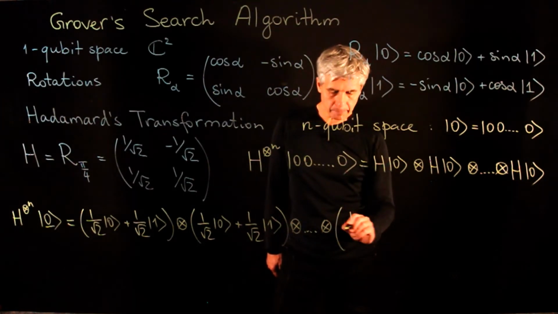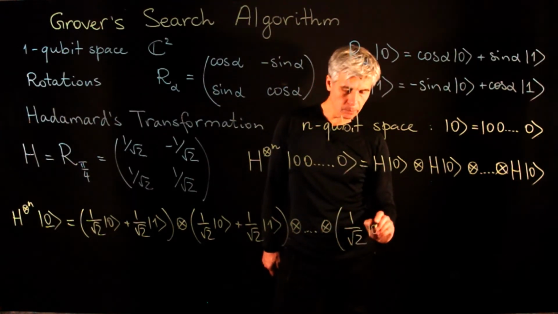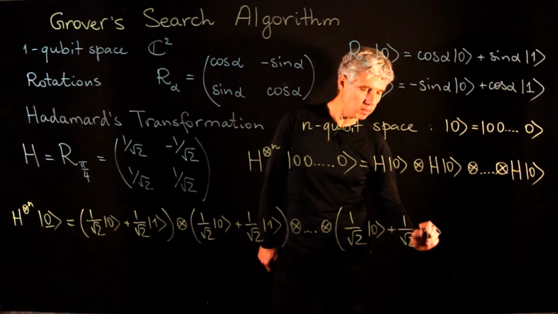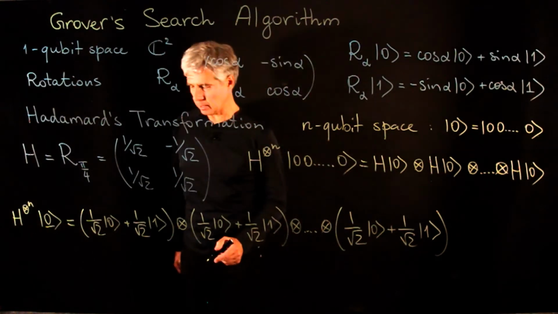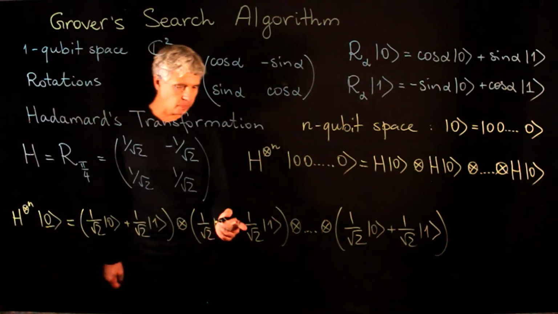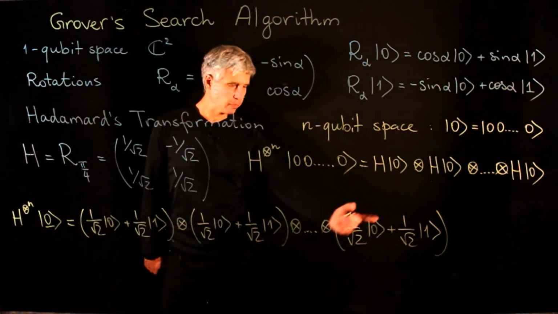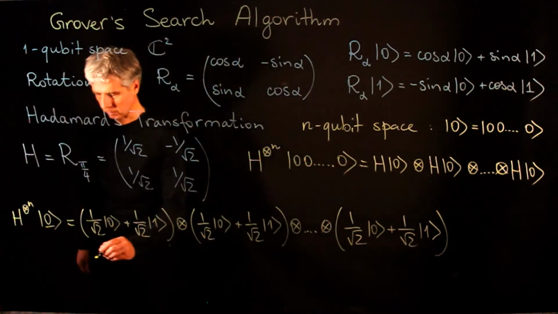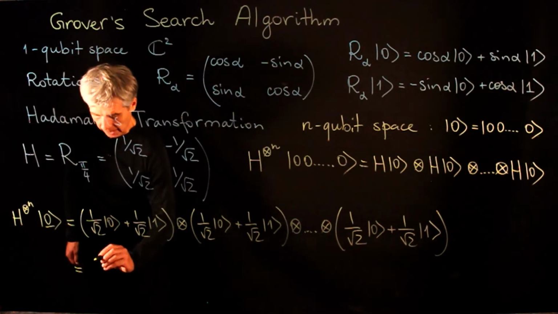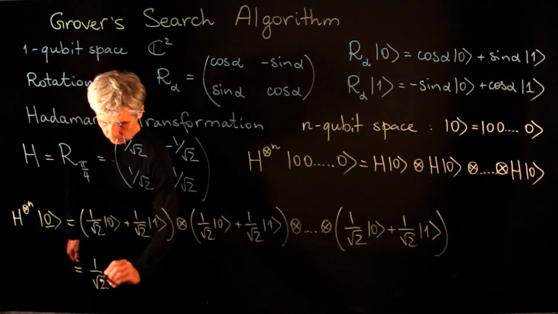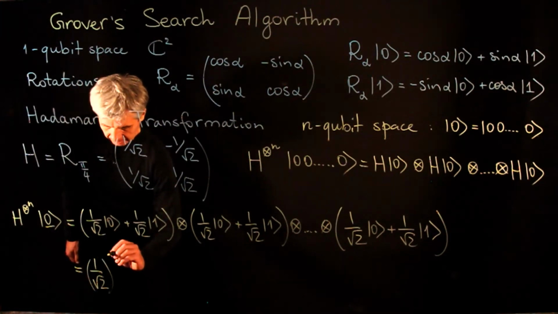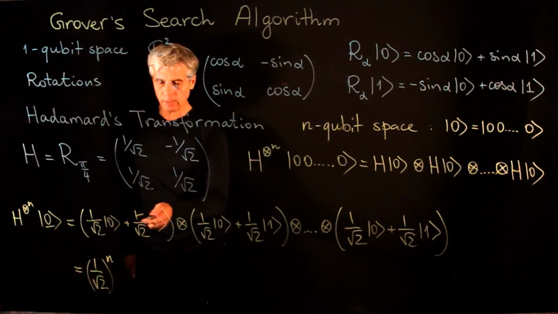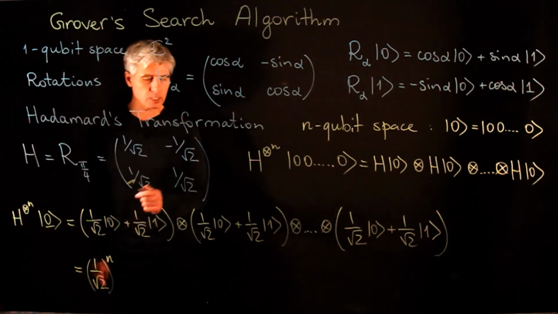Now, what will happen when we expand this? If we expand this product, we can pull out the 1 over square root of 2 from each factor. So we get 1 over square root of 2 to the power n, and then in each summand, we have 0 plus 1.